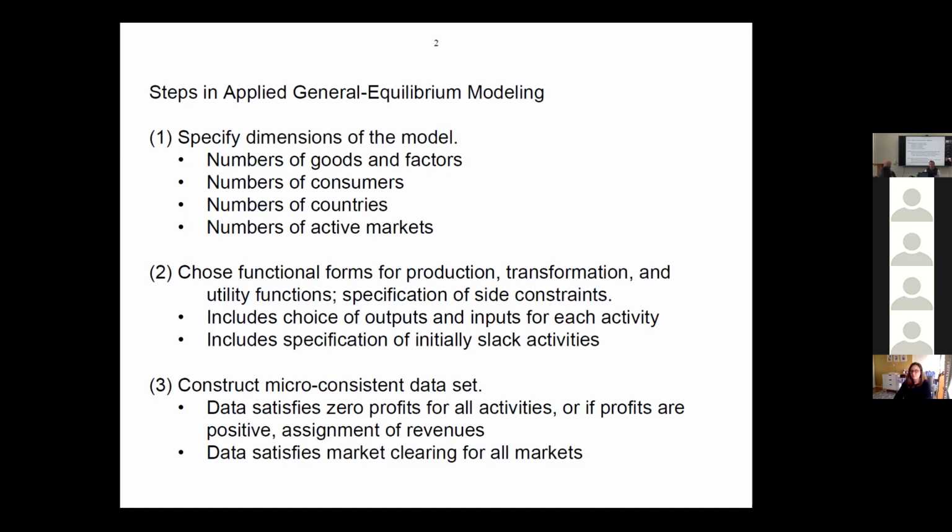These could be anything from endogenous tax rates to markup formulas in models with imperfect competition. You'll see some of those tomorrow for sure. You include choices of inputs and outputs for each activity and maybe specification of initially inactive activities.